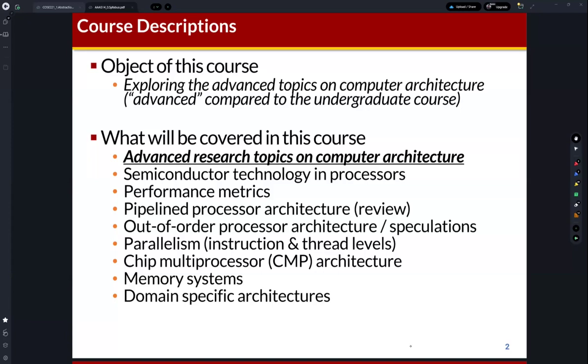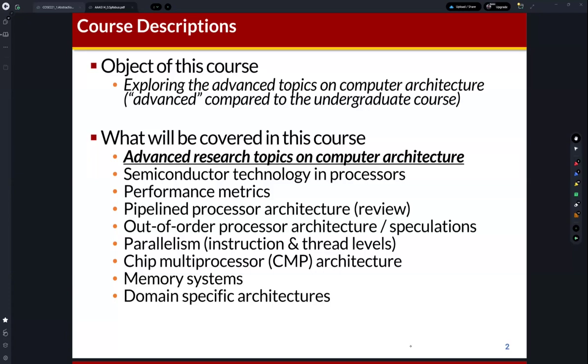But after that, I will cover advanced topics on computer architecture, such as out-of-order processor architecture, parallelism, and other architectures such as SIMD or VLIW, very long instruction word. And I will cover some advanced topics on memory systems or memory hierarchy.